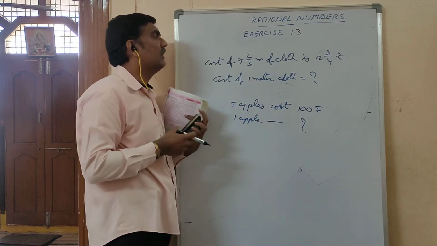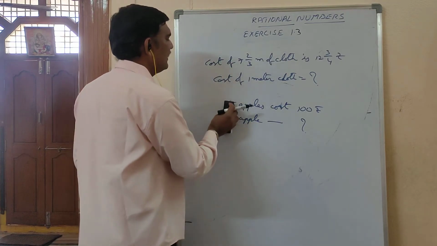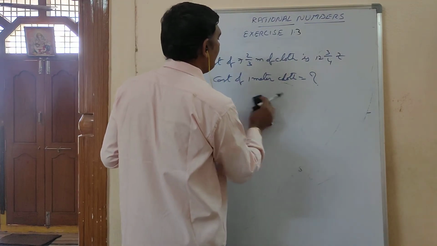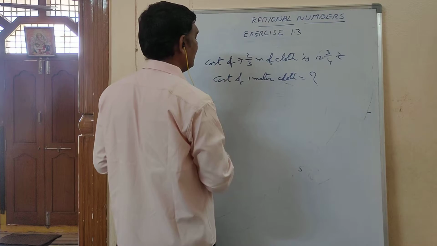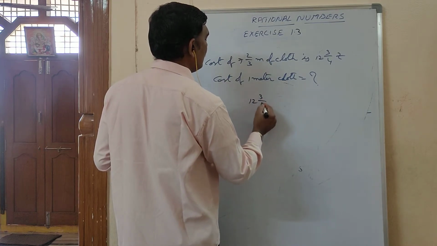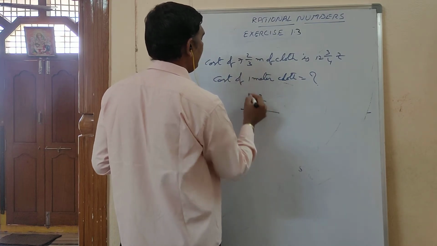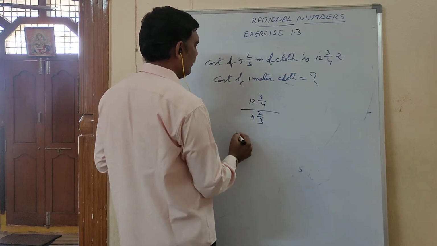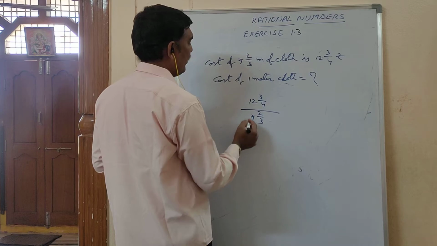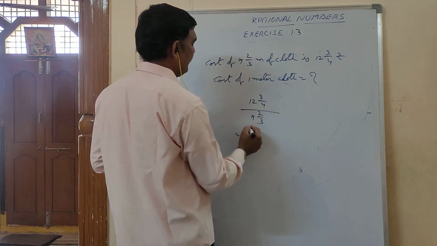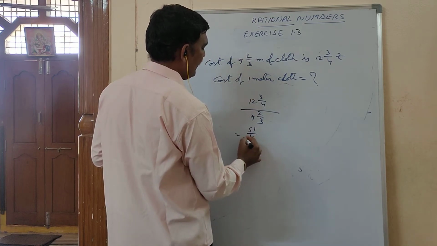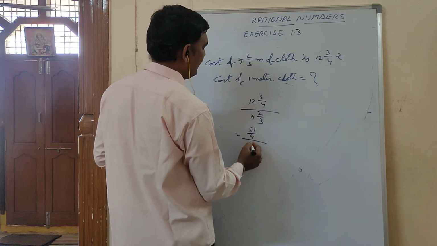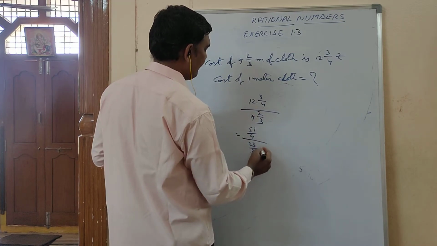Here also the same thing. If you want the cost of 1 meter of cloth, the total cost 12 3/4 rupees divided by 7 2/3. Convert mixed fractions into improper fractions. 4 twelves are 48, so 51/4 divided by 23/3.